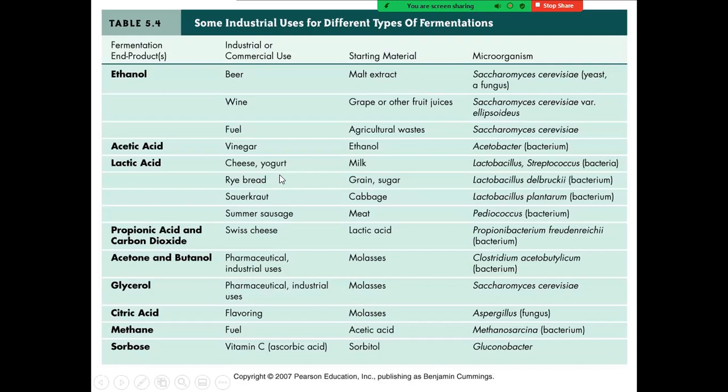The starting substance can vary for that one. If you're going to make yogurt, you start with milk. For rye bread, you start with the grain of rye or with sugar, or usually both. Sauerkraut, you start with cabbage. And then you use an organism to ferment it. I'm not going to quiz you on that. All right, any questions about any of this slide?